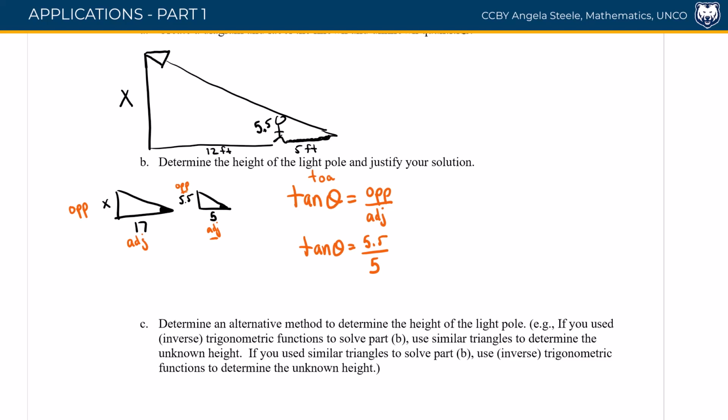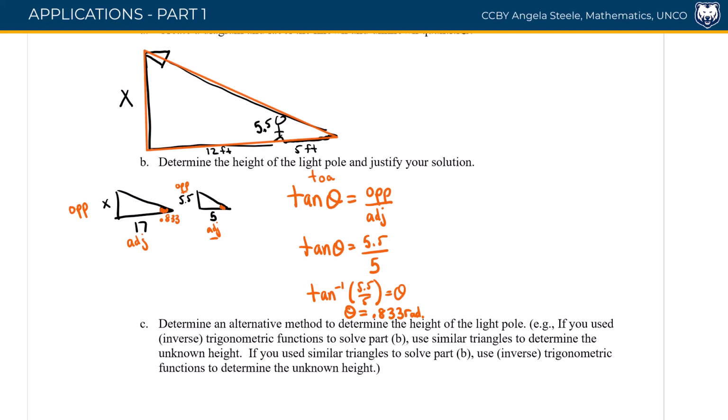Then what we can do is find the inverse of this tangent function. So tangent inverse of 5.5 divided by 5, which gives us a theta of 0.833 radians. Okay, now that we have that angle measure from the smaller triangle, we can apply that angle of 0.833 to the larger triangle.